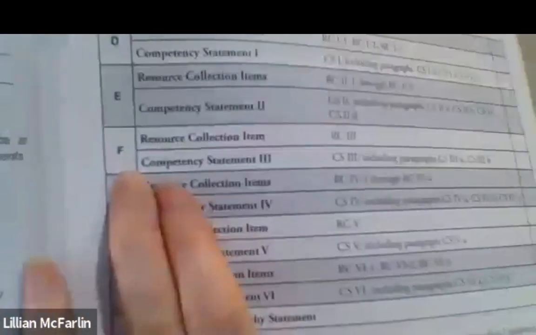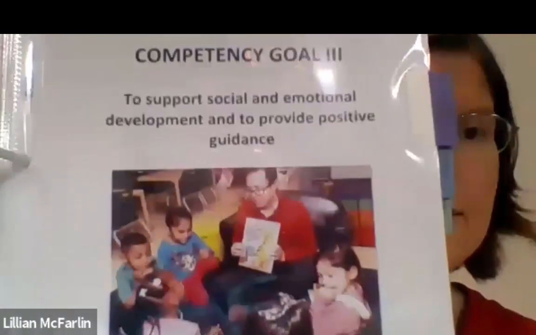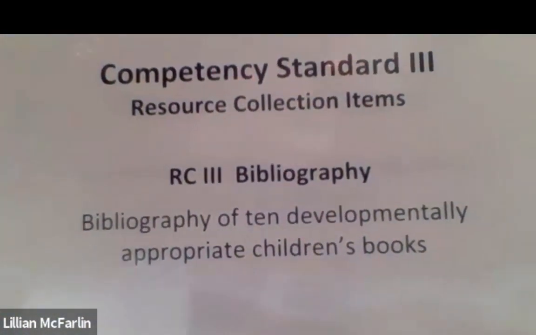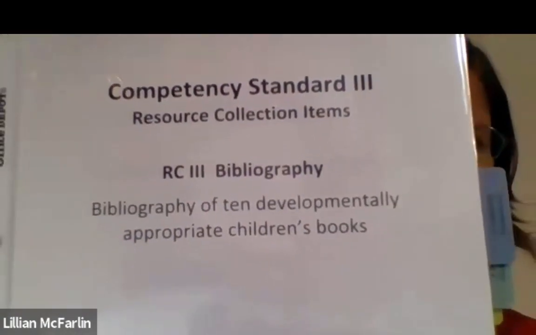All right. The next section on the professional portfolio checklist is F. The resource collection item 3. So let's get in the binder. And this is the first page, competency goal 3. The page after it is the resource collection item, and that's where your bibliography is going to go.